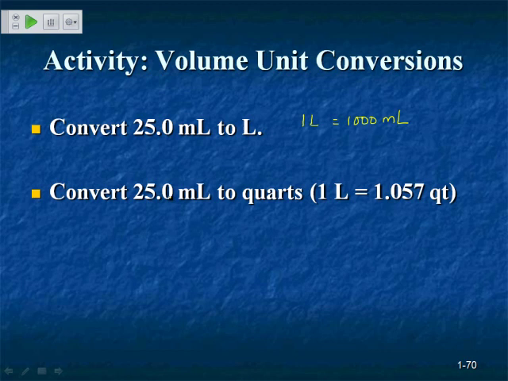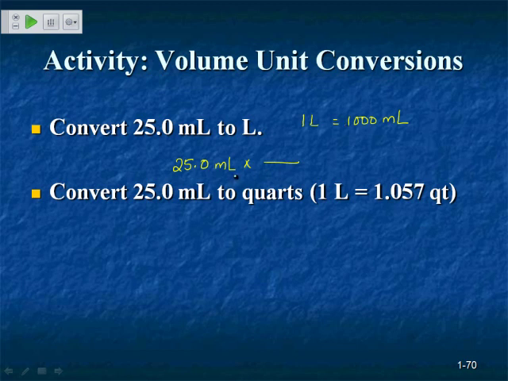Now how do we set up the problem? What are we given? What unit are we given in the problem? Milliliters. So we are starting with this quantity, 25 milliliters multiplied by, so we have to use this in a fraction form. Which goes on the top, which goes on the bottom? Oh wait a second, the opposite way. We are given milliliters.